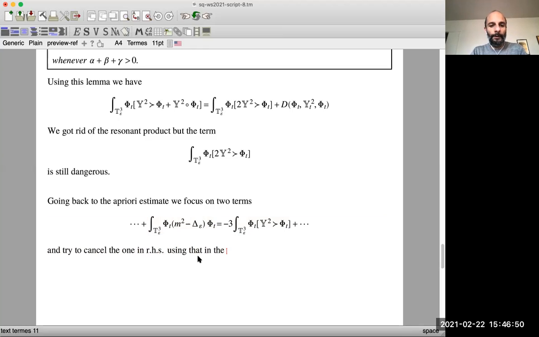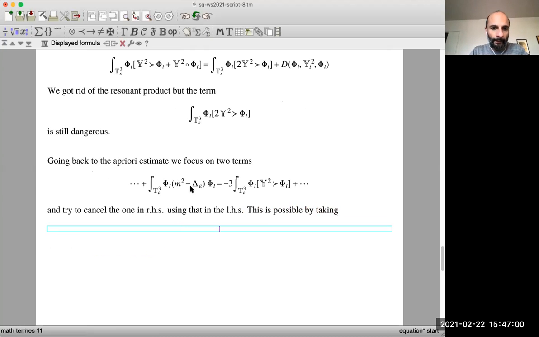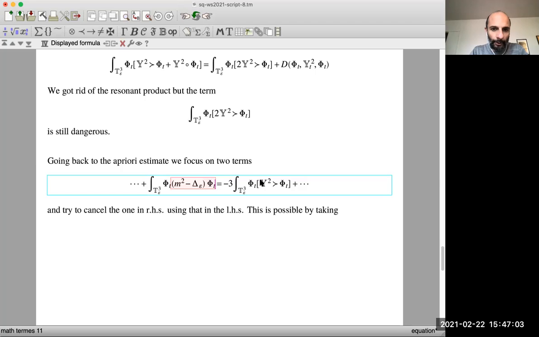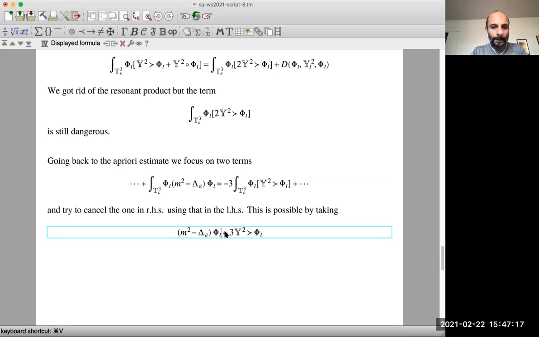Okay, how do you do it? So I think I will finish on this point. This is possible by taking... So how do you cancel them? Well, you require that this object is equal to that, and then they cancel, no? So you want to require that phi has a special form. So it is not a general function, but it looks like 3 of that, maybe even -3 of that, plus something else.